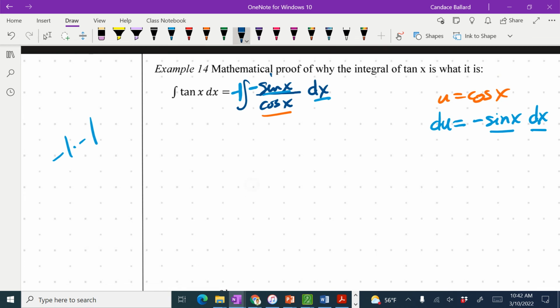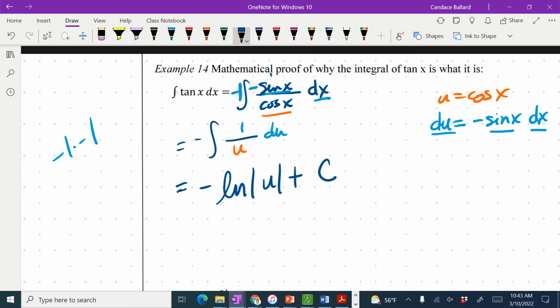All right. Let's set up the integral. So negative, I'm putting the u in for cosine. And then the du goes in for the negative sine x dx. Okay, this negative is going to hang out in front. When I integrate 1 over u, what do we get? Natural log absolute value of u plus c.